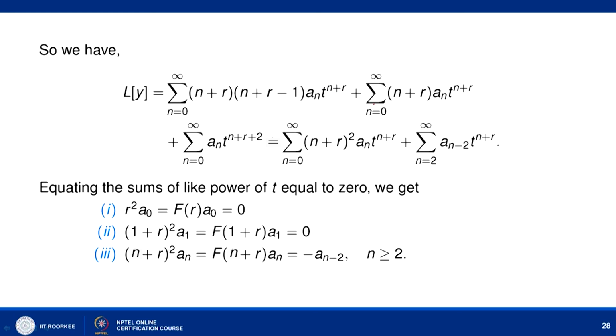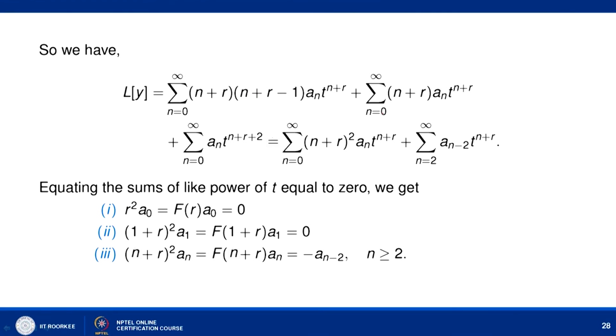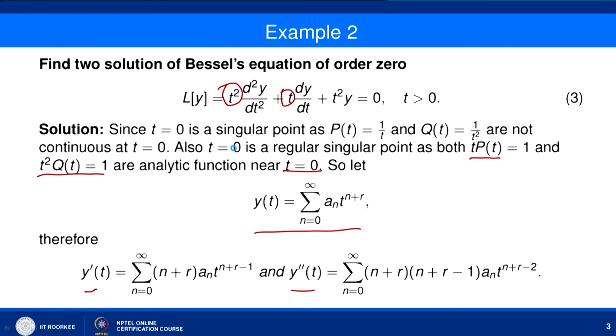Plus here it is t dy by dt, so summation n equal to 0 to infinity (n plus r) a_n t to the power n plus r. Then t square y is already given to you, so we can write it as summation n equal to 0 to infinity a_n t to the power n plus r plus 2.